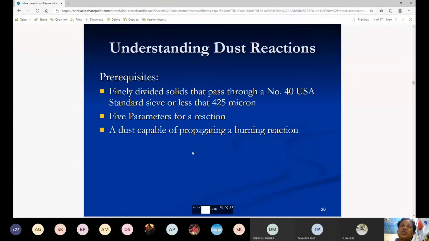If the size of the dust is less than 425 micron, then it is called an explosive dust. There are five parameters responsible for a dust explosion. Let us see what those parameters are.